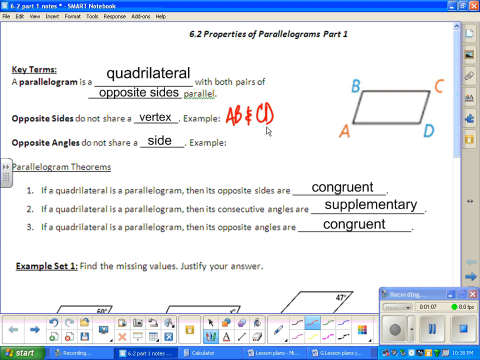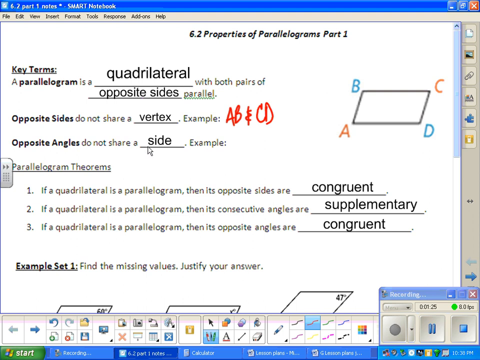Remember a vertex is an angle. So AB has the angles of A and B, and CD has the angles of C and D. They don't share a common vertex.